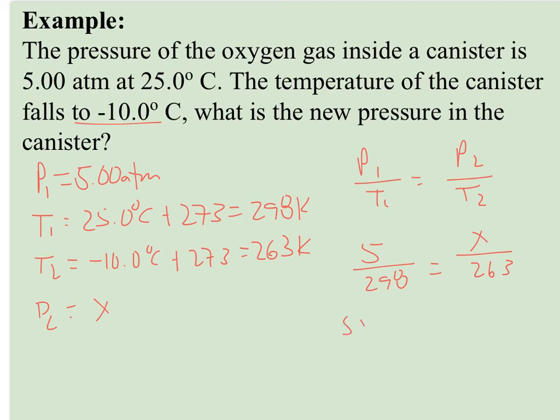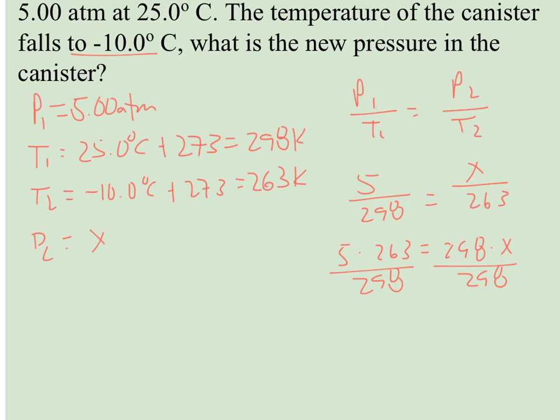So when I cross multiply, 5 times 263 equals, and I shouldn't use the x there because that's sometimes misleading. How about if I use a dot like your mathematicians do? 5 times 263 equals 298 times x, so then I divide both sides by the 298, and if I plug that in, I would expect to see a decrease in my pressure as well.